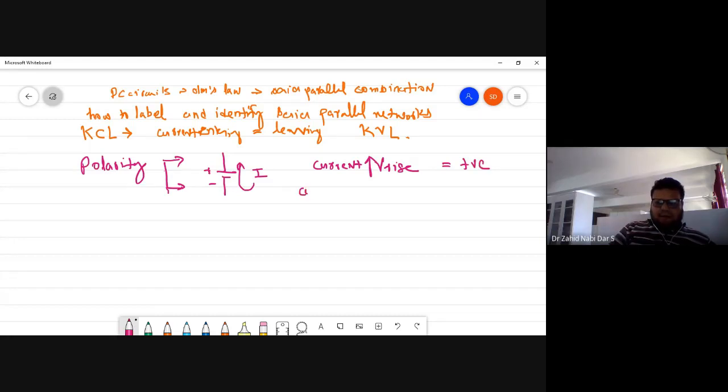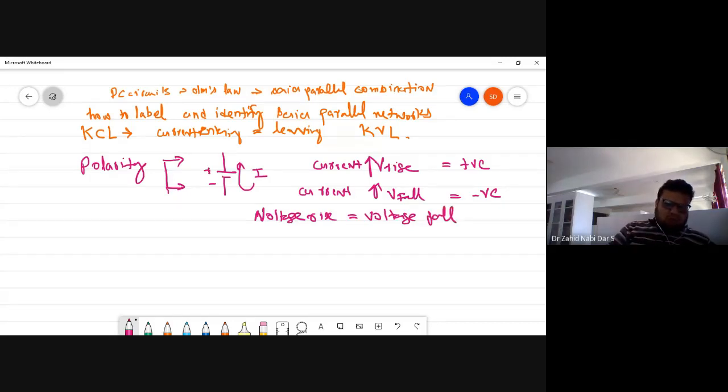If my current direction is in the direction of voltage fall, I take it as negative. And voltage rise is equal to voltage fall. If there is no voltage source and there is only voltage fall, then the sum of voltage falls is equal to 0.